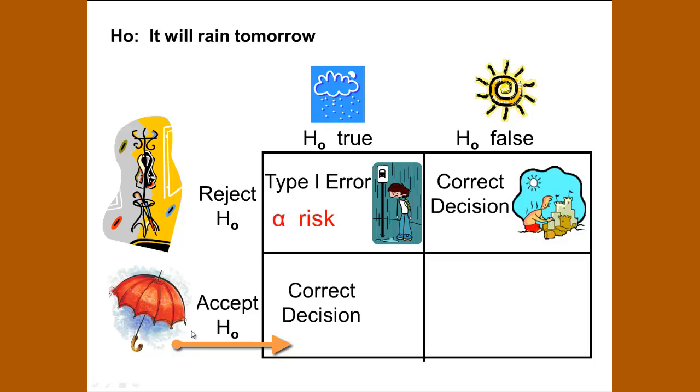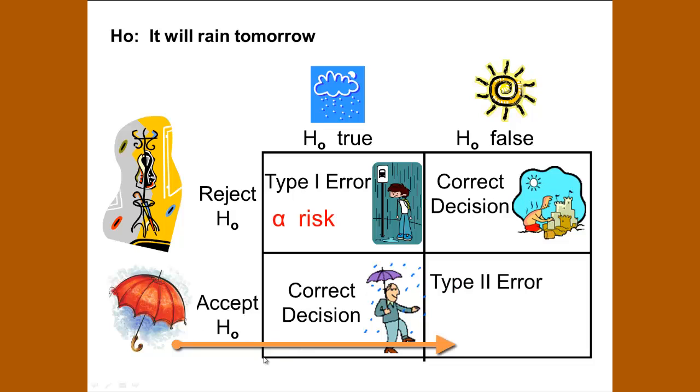If we accept that it rains tomorrow, and it does indeed rain tomorrow, we're carrying our umbrella in the rain, and we remain dry. So we can remain dry by accepting the statement and it raining, or we can remain dry if we reject it and the statement is false. Those are the two options for correct decisions.